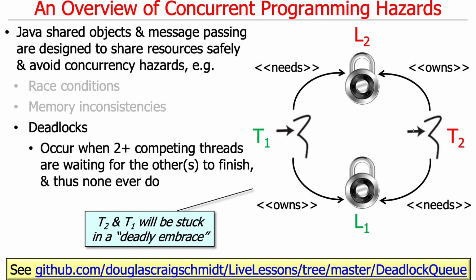And then we have thread T2, which owns lock L2 and needs lock L1. And this particular problem will never resolve itself without some other higher level mechanism like a timeout to break the deadlock, because they are very stubborn and they're stuck in what's known as a deadly embrace. So they'll never be able to get themselves out of this.